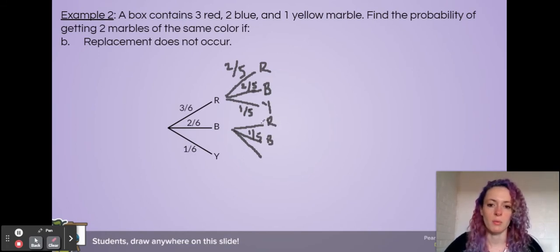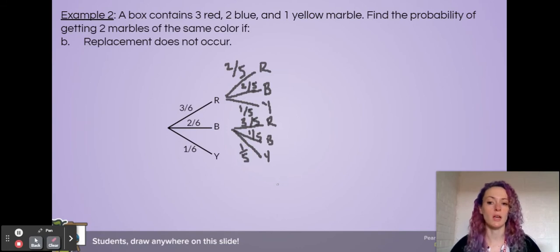When I go to look at my probability of pulling a red marble second, I'm only pulling out of 5 total marbles, but that 1 that I pulled wasn't a red, so there's still 3 reds left. For my yellow, it will be the exact same probability as when I pulled the red. I'm only looking out of 5, and there's still 1 of the 5 that is yellow.